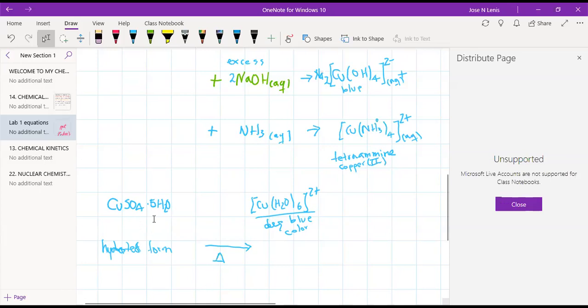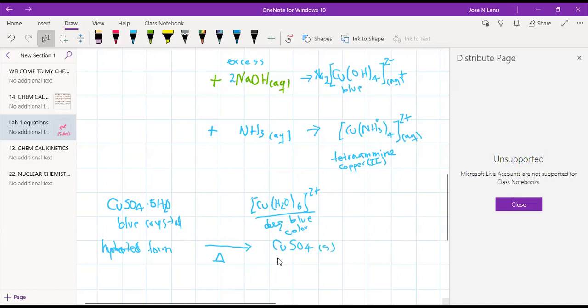When we heat the blue crystal, we add heat enough to remove the water from here to form the copper sulfate solid crystal.